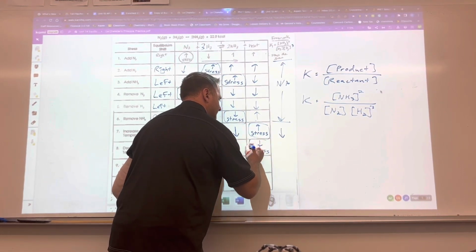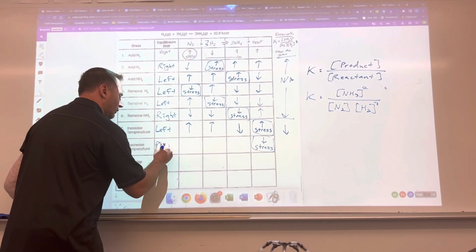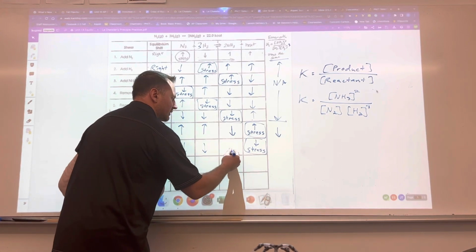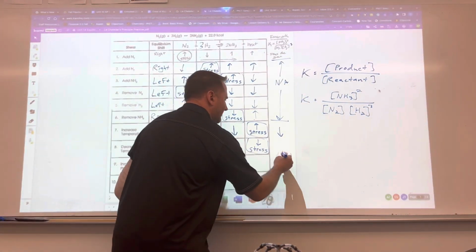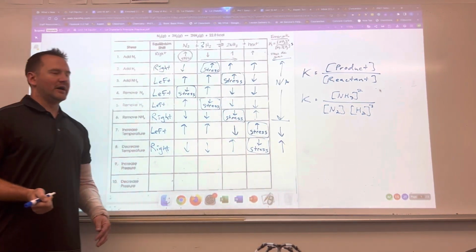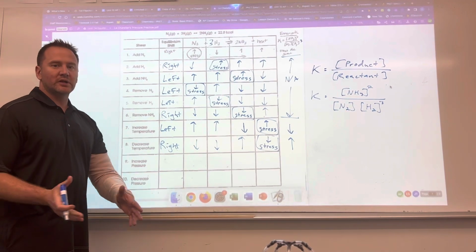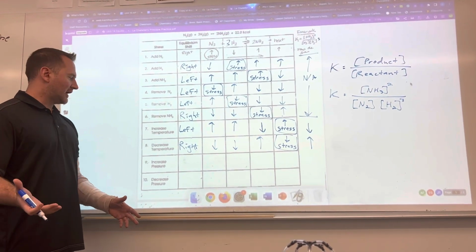Now we're removing a product, so it's going to favor the forward reaction, our reactant concentrations would go down, our product concentration would go up, and we would have an increase in our K value. Changing the temperature is the only change we can make to an equilibrium system that leads to a change in our value for K.